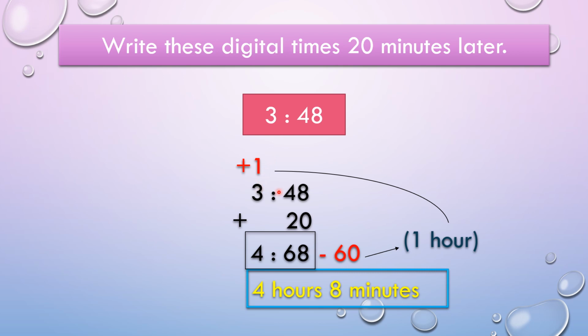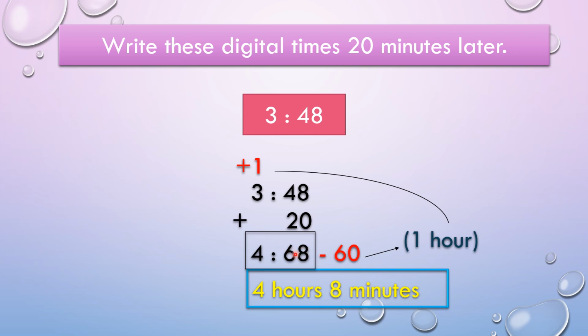So put 3:48, put plus, put 20 here. Do not put it in the hour place because 20 is minutes, not hours. Alright, so when you plus, you take 8 plus 0, you get 8, correct? 4 plus 2, you get 6. Here you have 3, but why do you have 4 here? Okay, now don't look at this one. Look at the minutes here. This is 68. Guys, 1 hour has only 60 minutes.